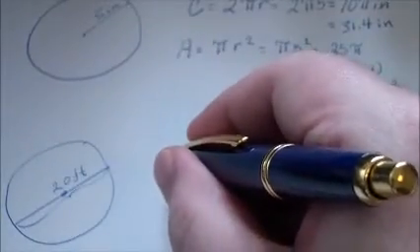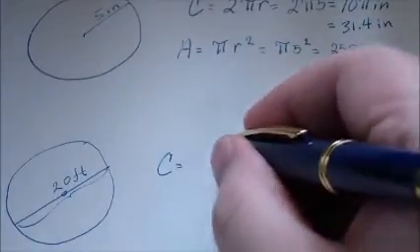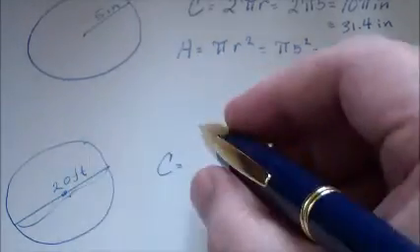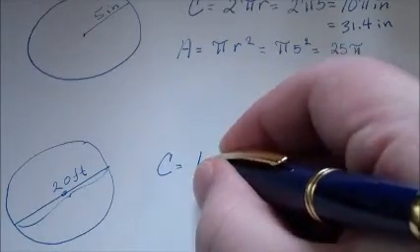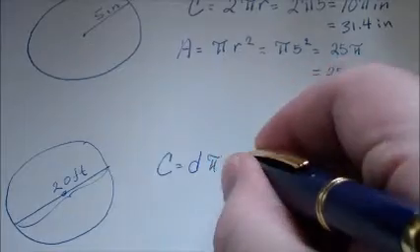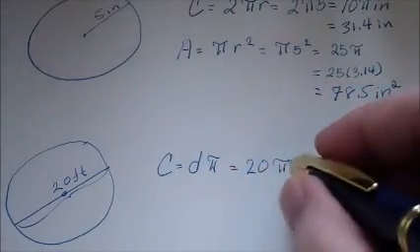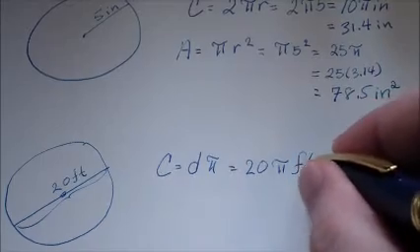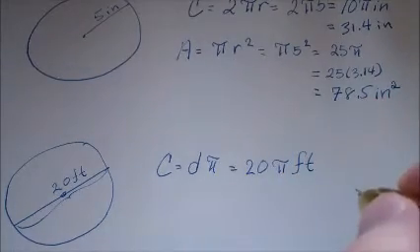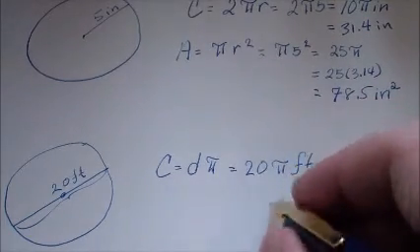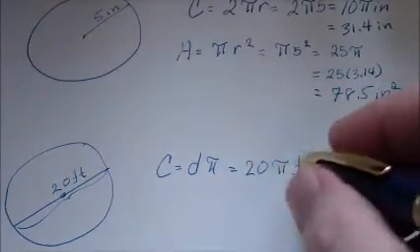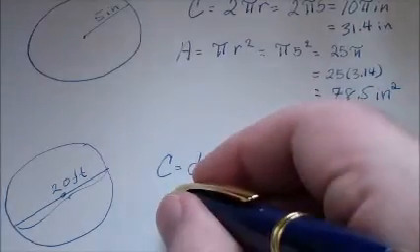Well, in this case, again, circumference is 2 pi r. We could either divide this by 2 or just say it's also equal to d pi. So that's just going to be 20 pi feet. If we want to get rid of pi, we just plug that in as 3.14 or use a calculator that can quickly convert that.